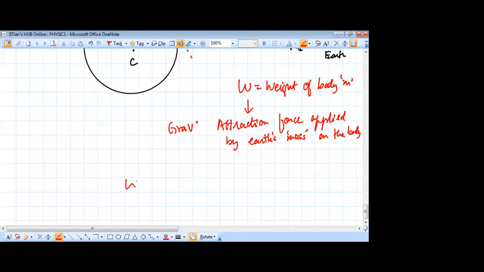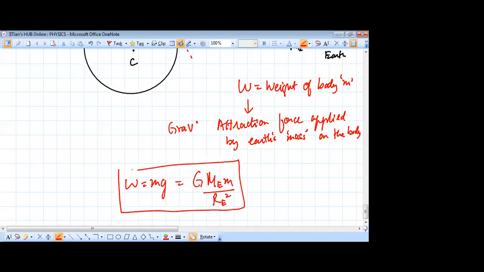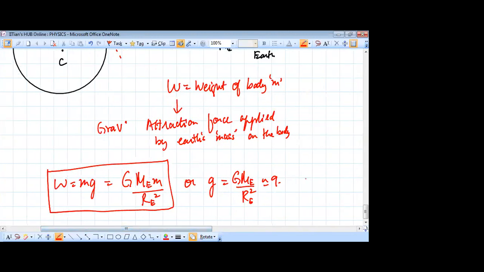So that W, which we write as mg, in terms of the Earth's mass and the universal gravitational constant, is given by this formula. Or what we commonly write as acceleration due to gravity on the Earth's surface becomes this, which is approximately 9.8 meters per second square.